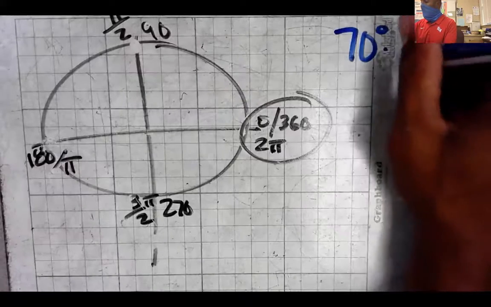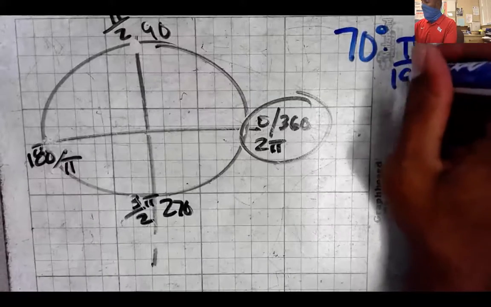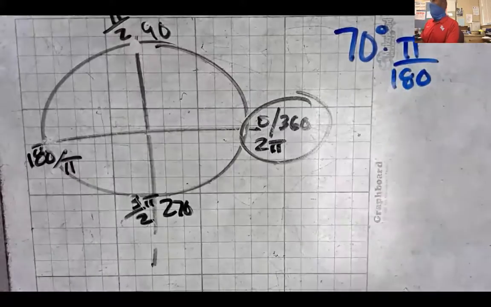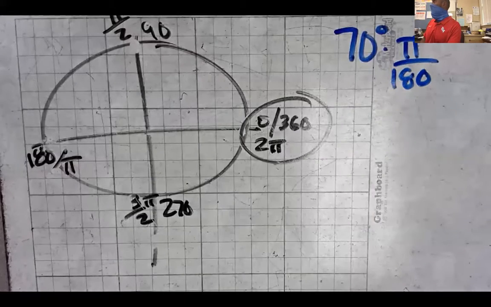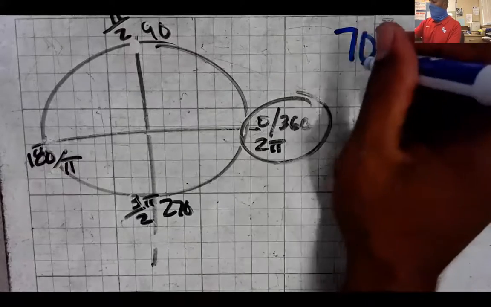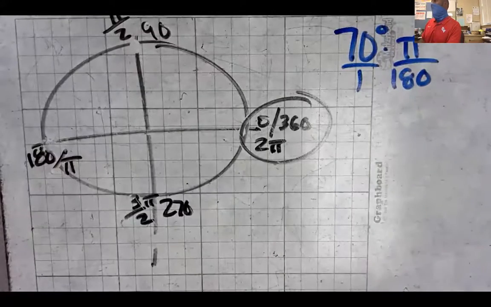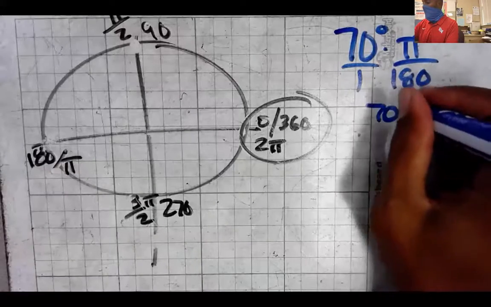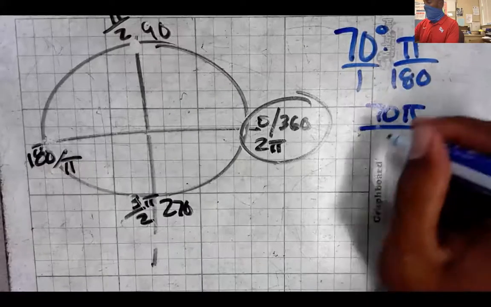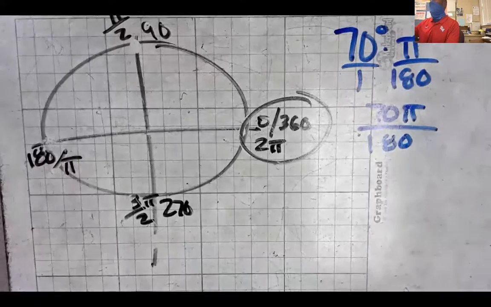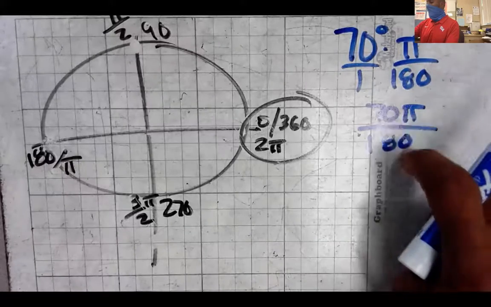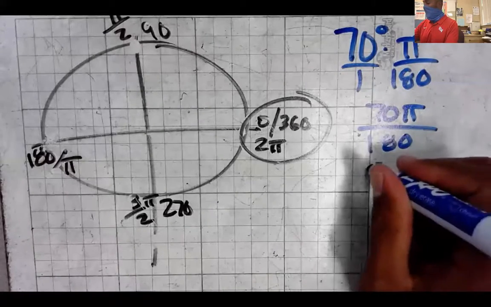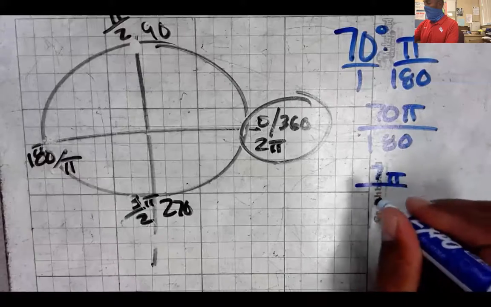So all I do is pi over 180, and I multiply that times my degrees. Now, what I can do is make this a fraction. That way I can multiply across. So 70 times pi, and then 1 times 180, and then just reduce it. So now I'll reduce both of these by 10. So 7 pi over 18.